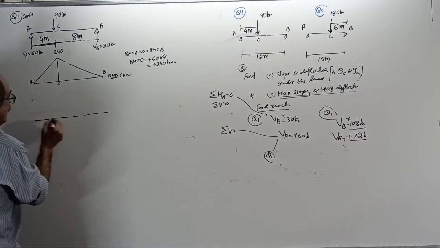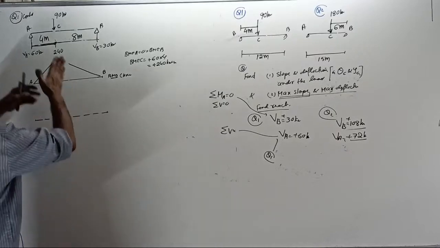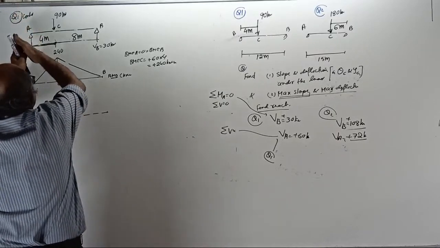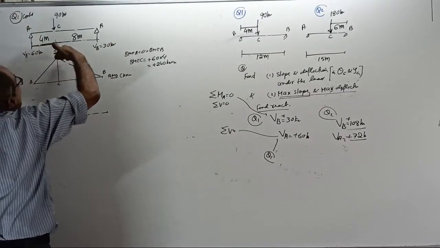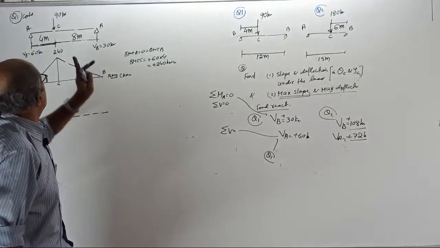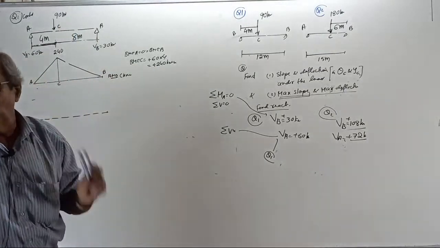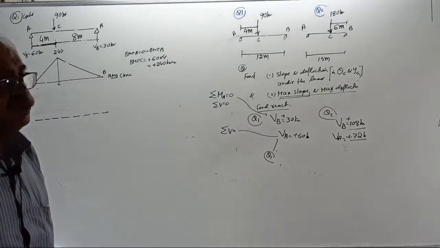Remember, dotted line is initial position. Draw elastic curve. Remember, elastic curve is always a smooth curve. Tell me, when the beam bends this way, elastic curve, will there be more deflection to the right of the load or the left of the load? How much is not required. There will be more deflection to the right of the load.